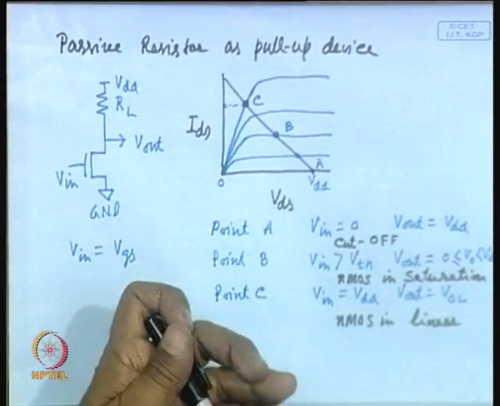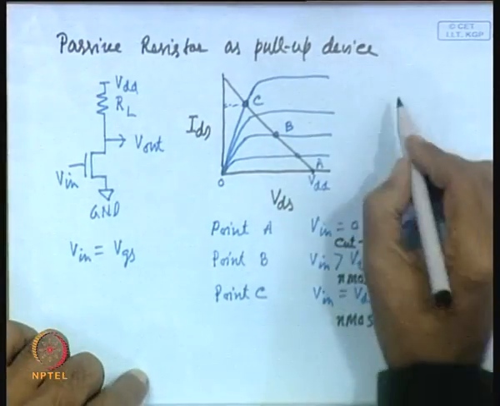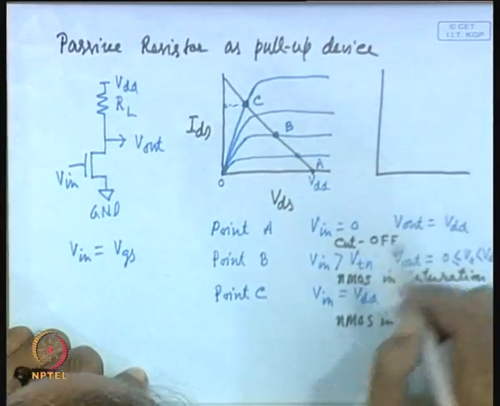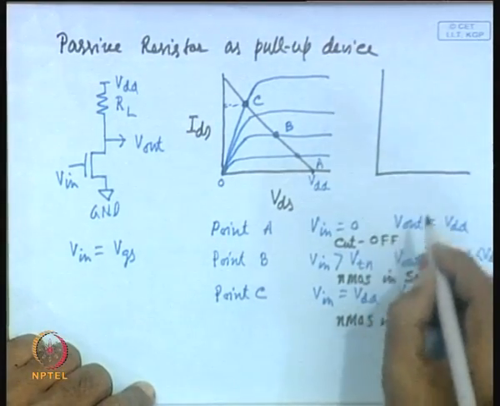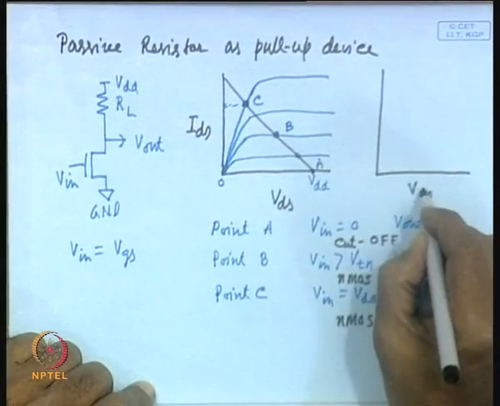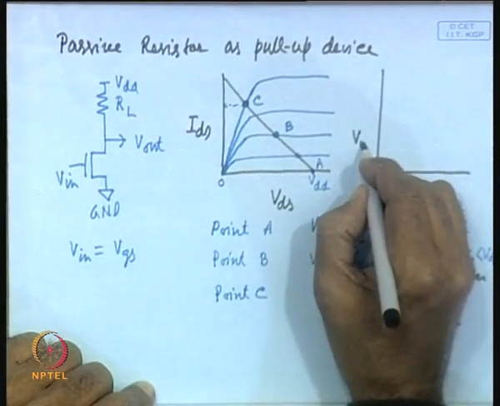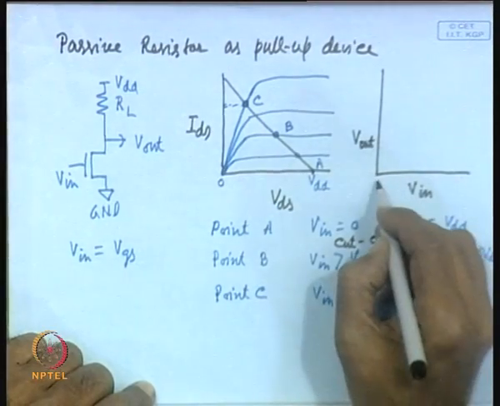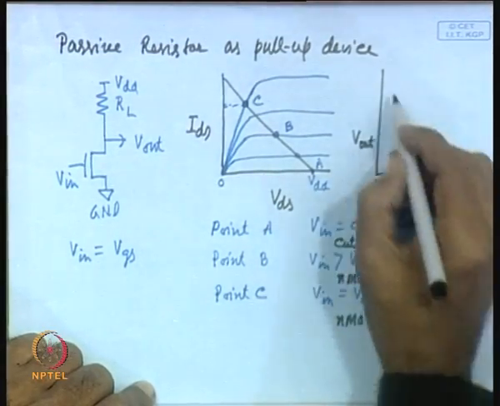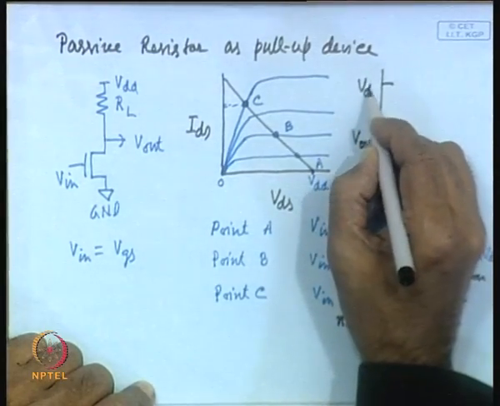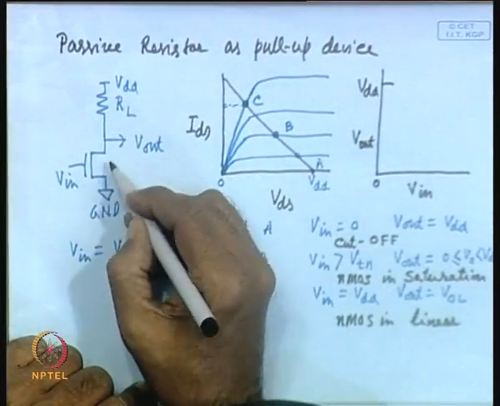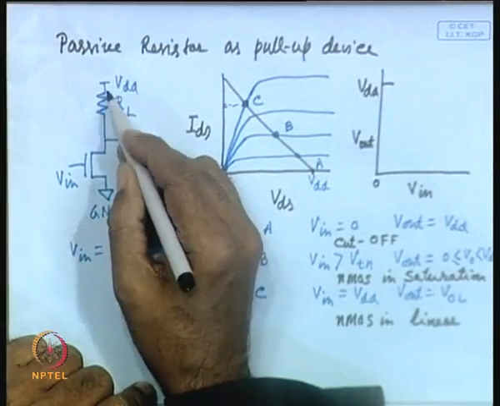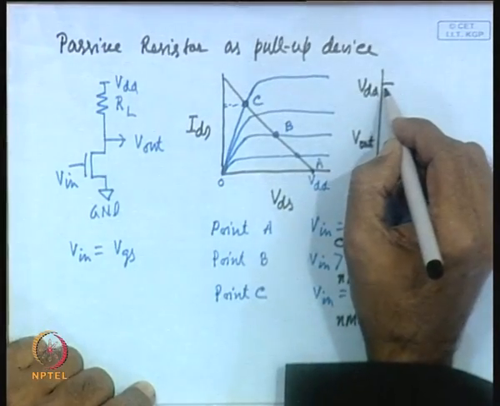So, we can draw the transfer characteristic as well. In the transfer characteristic, what do you plot? How the output changes with input, so V in and V out. We have seen when the input voltage is 0, we got output VDD, because this transistor was off, so all the voltage will be dropped across this resistor and you will get a voltage equal to VDD.